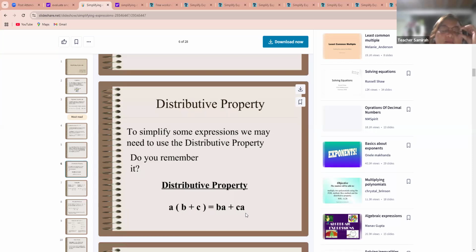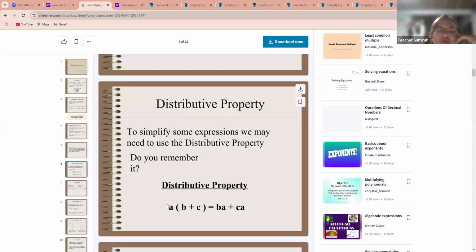How did it become BA plus CA? A times B would give us AB or BA. Copy the sign because it is all positive. Then multiply A by C, which will give us CA or AC.